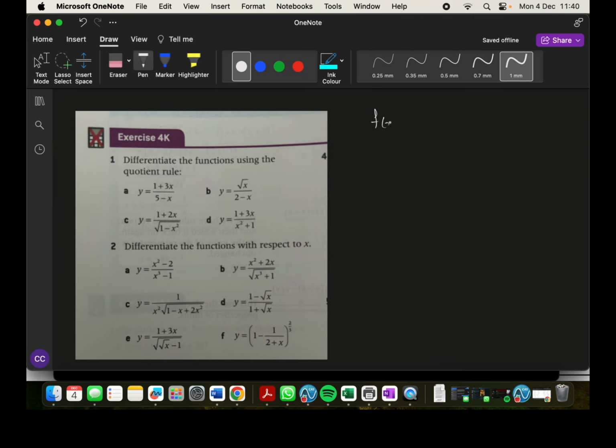The quotient rule says that if a function is a rational one, then its first derivative is the denominator times the derivative of the numerator minus the numerator times the derivative of the denominator, all over the denominator squared.